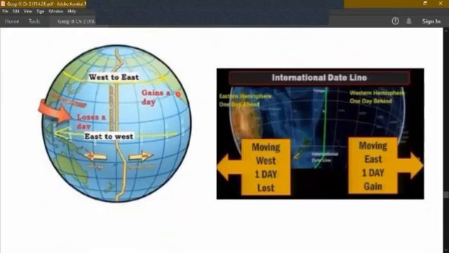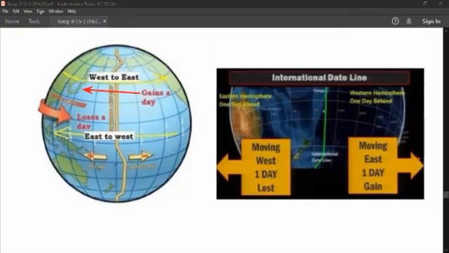As you are traveling in the west direction, as soon as you cross the international date line, it is Wednesday. So here you lose a day while moving towards the west from USA to Japan.